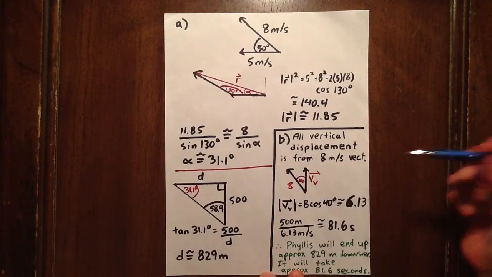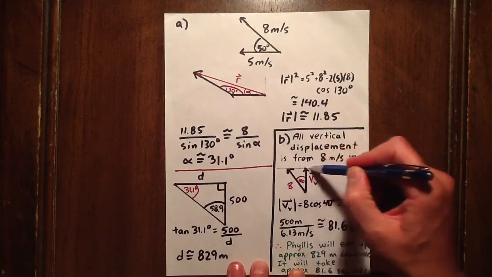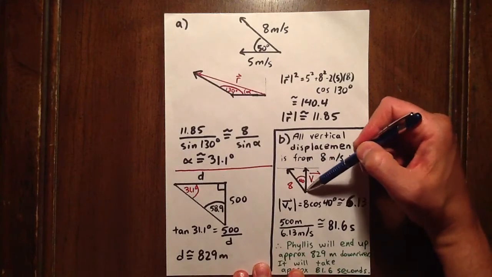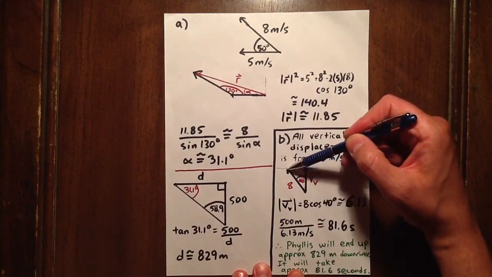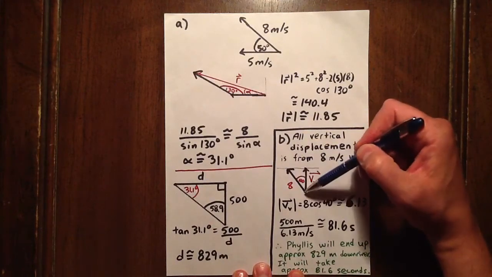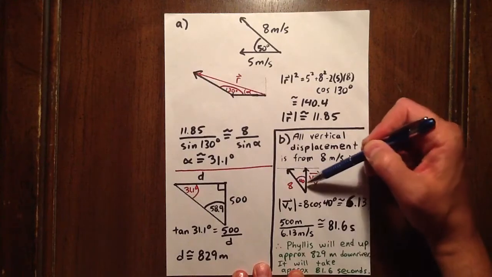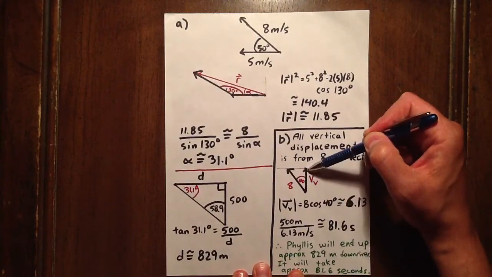For those of you who prefer SOHCAHTOA, look at it this way. All of our vertical velocity is coming from her swimming efforts, which are 8 meters per second. Now that 8 meters per second is 50 degrees to the current, which means it's 40 degrees to the vertical.